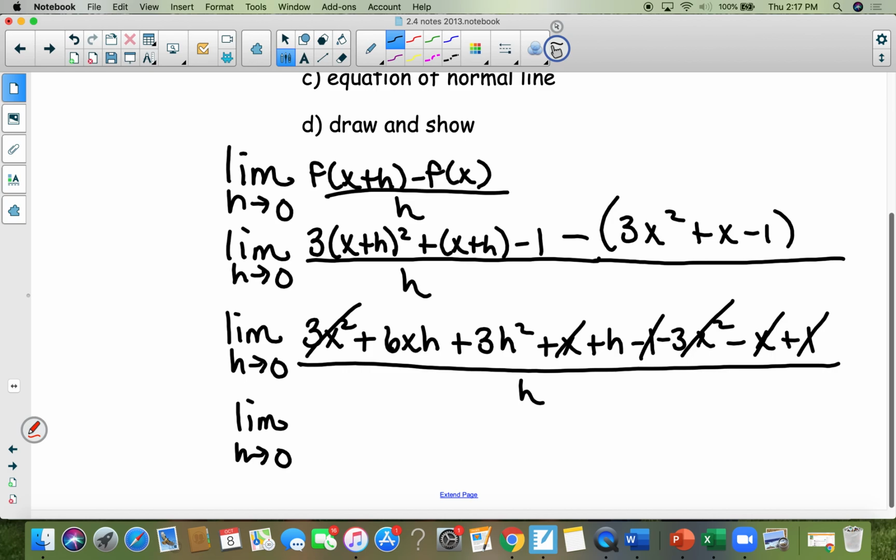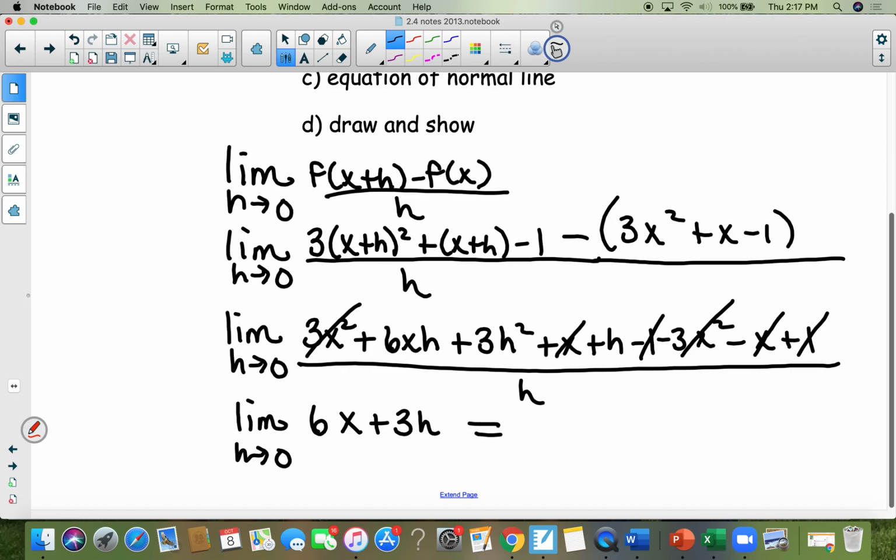I know I did it right if all of my terms have an h in common with each other. I can take an h out of all the terms and I get 6x plus 3h as h approaches 0. So what's the derivative?